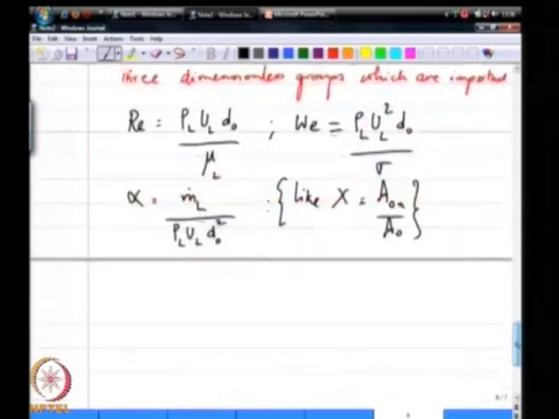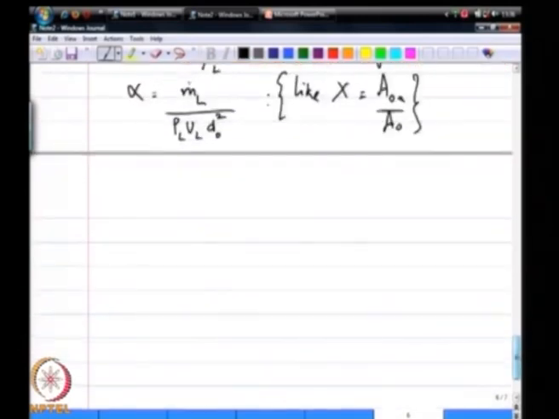Now, if you go back, we can now figure out a way to correlate all of these variables to their respective dimensionless groups.